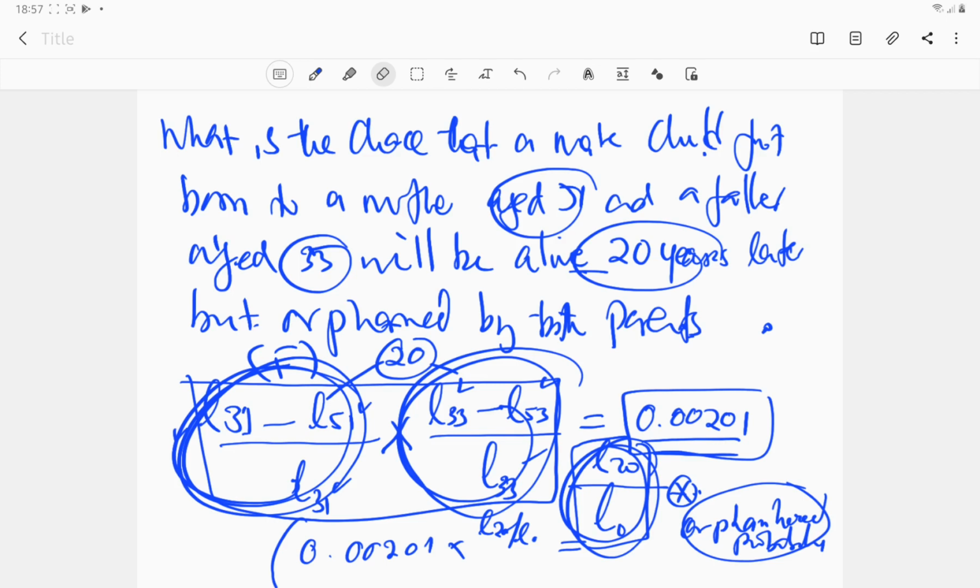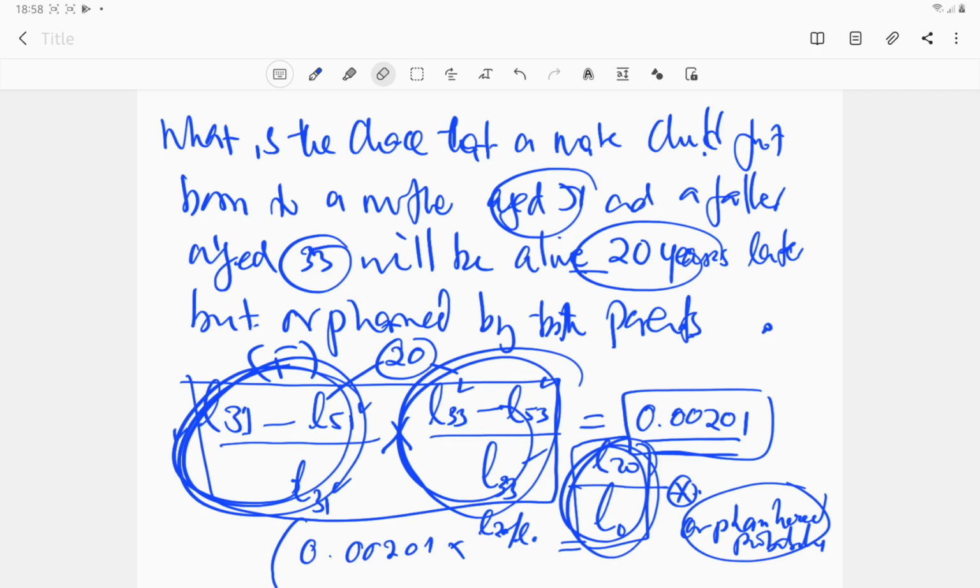Now as a reading assignment, you should check section 3.5 and how the calculations are done up to the very end of the chapter, sections 3.6, 3.7 and 3.8, and try to understand how the abridged life table is determined.